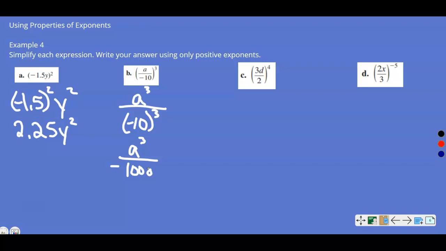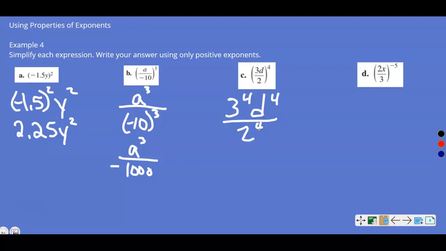Now you have a product and a quotient. You have 3d divided by 2 raised to the 4th power. That means everything inside the parentheses is going to be raised to that 4th power. So we're going to have 3 to the 4th, d to the 4th over 2 to the 4th.